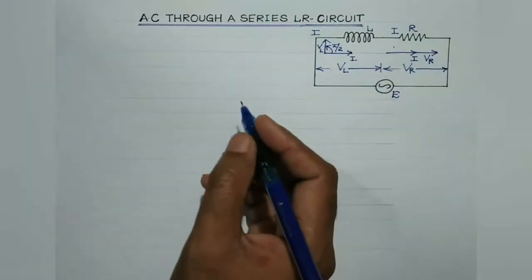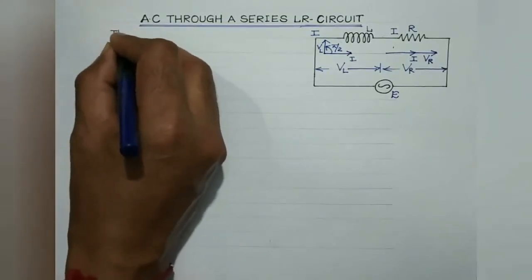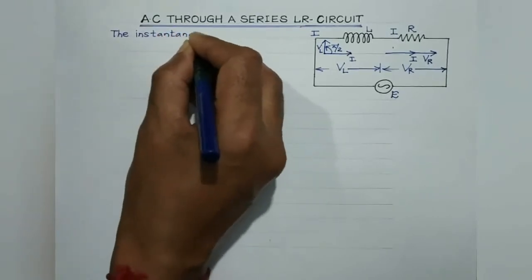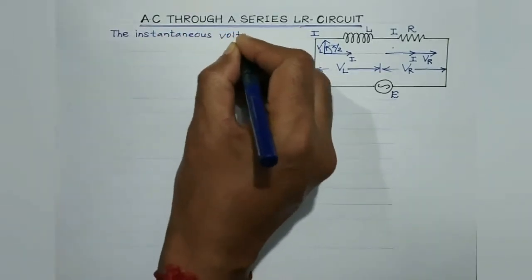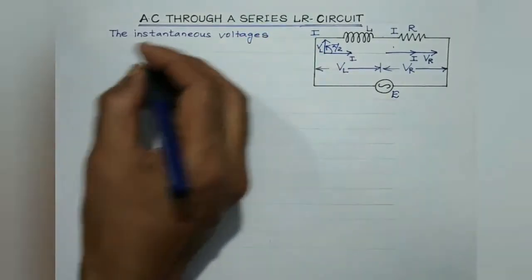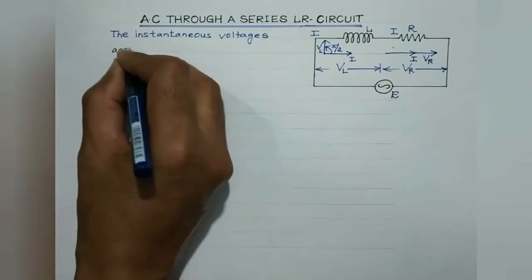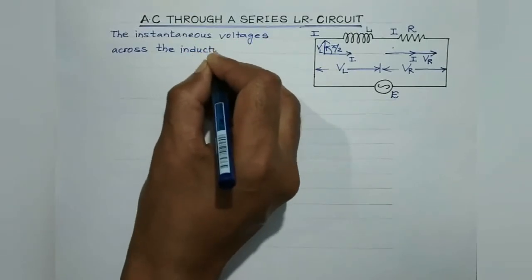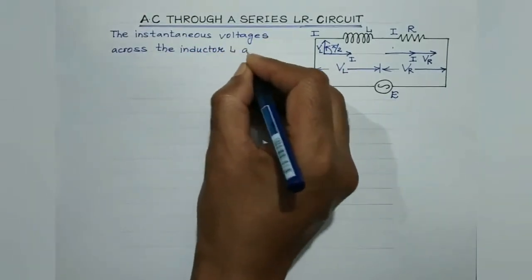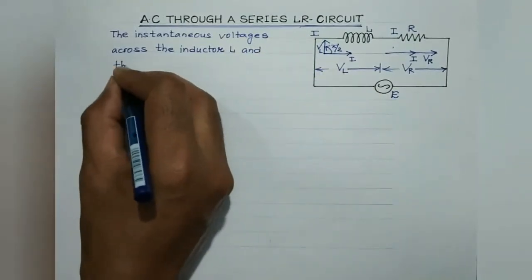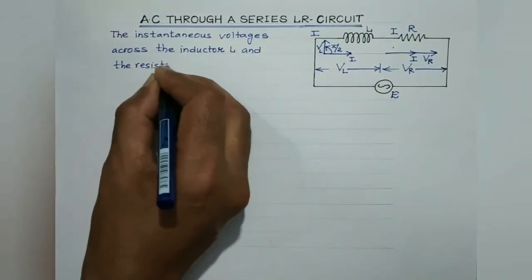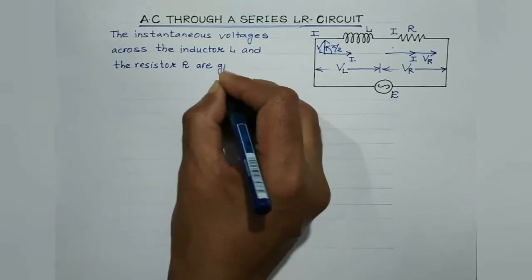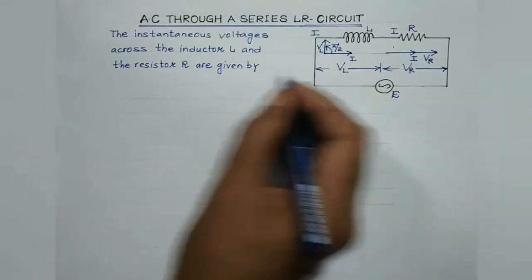Right? So, the instantaneous voltages across the inductor and the resistor would be given by, we have denoted by VL.